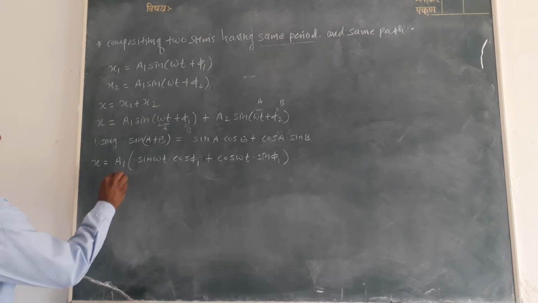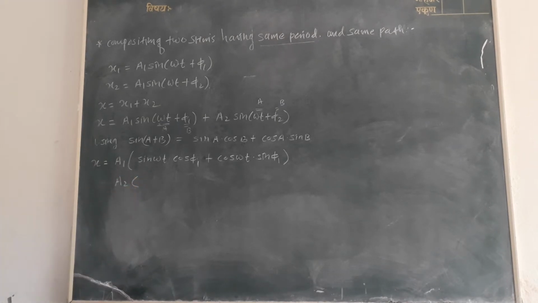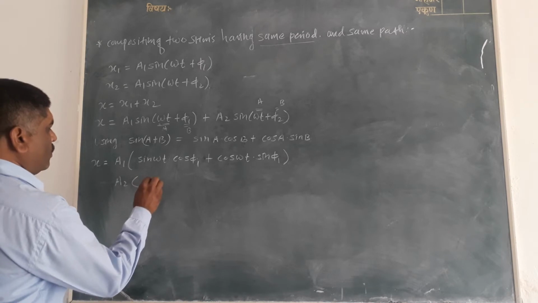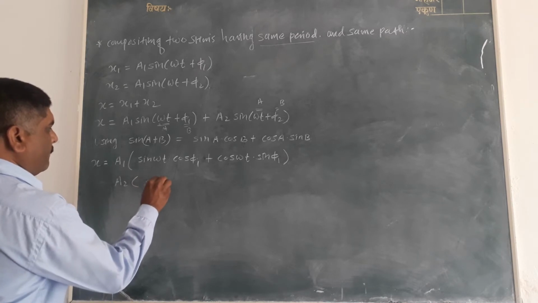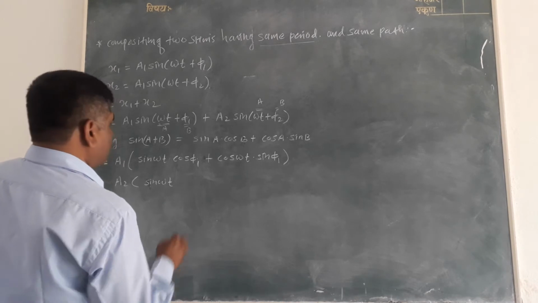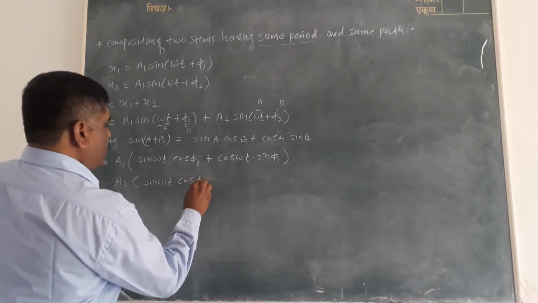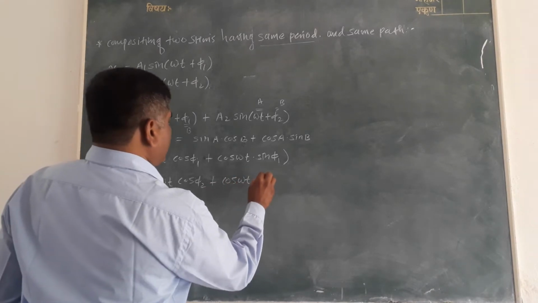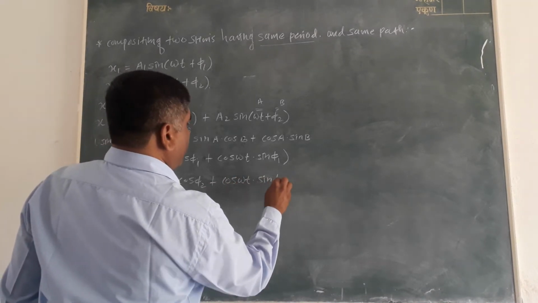and a2 sin omega t cos phi 2 plus cos omega t into sin phi 2.